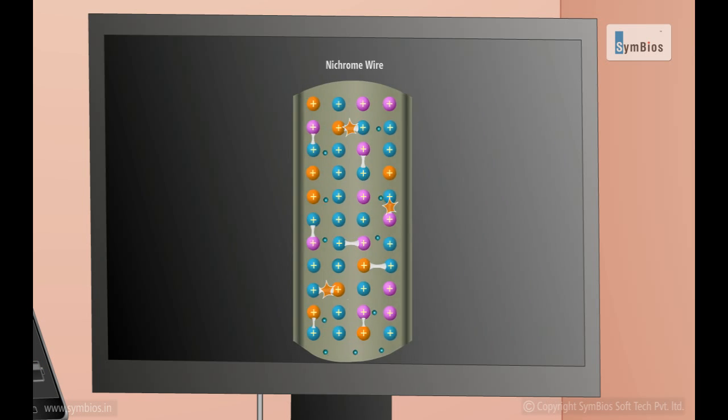The nichrome is an alloy of nickel, chromium and iron, and so it has the network of 3 different ions. But the number of free electrons in nichrome is lesser as some of the electrons are involved in bonds with different atoms. These bonds also restrict the number of pathways available for free movement of electrons.